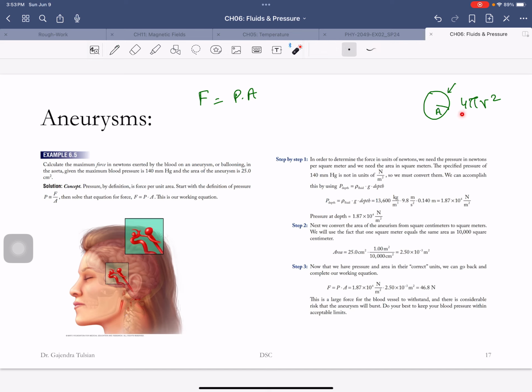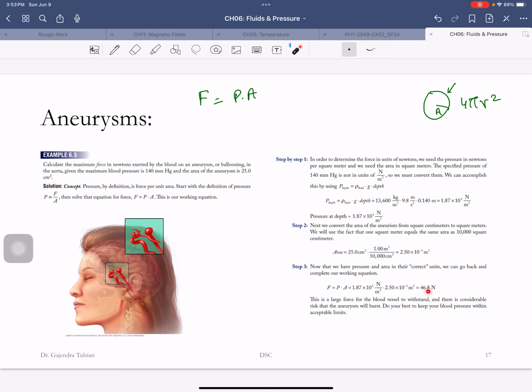If you take that and divide by 4 pi and so on, essentially this aneurysm is about an inch across. So let's calculate the force on an aneurysm that's an inch across with the pressure of 140 millimeters of mercury. This problem goes through all the calculation, and the force works out to about 50 newtons.